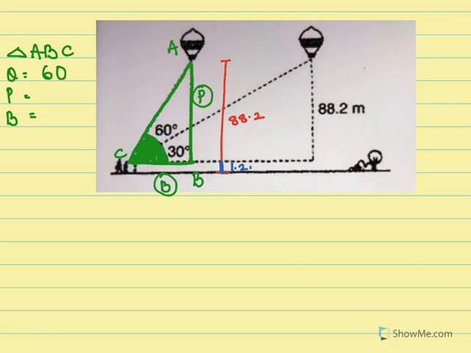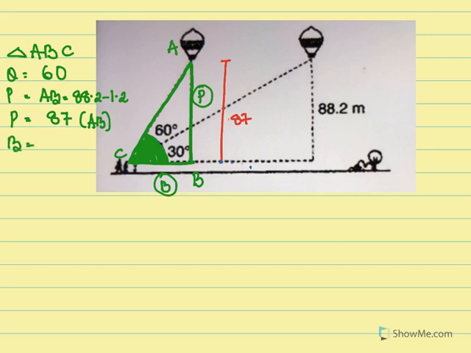Which means the perpendicular, which we take in this case as P, is AB, and the perpendicular will be 88.2 minus 1.2, which is 87. AB is 87. So we cannot take the perpendicular as 88.2 because we have to subtract this 1.2, and when we subtract this 1.2, it becomes 87. The base we don't know.